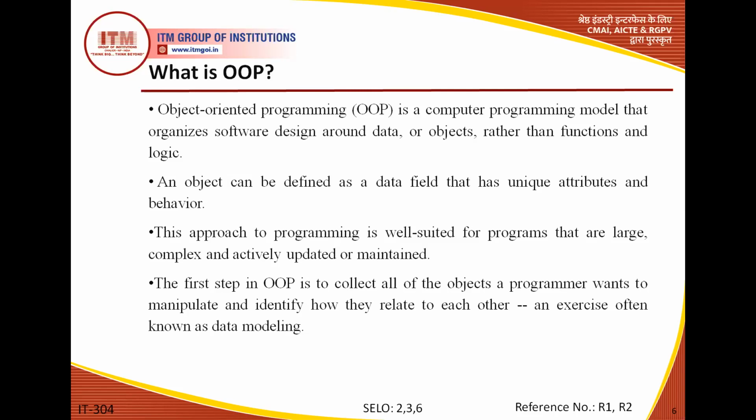So the very first step, as I just said, in object-oriented programming is to decide what your data is. In technical terms, while writing your programs, you first decide what your objects may be.